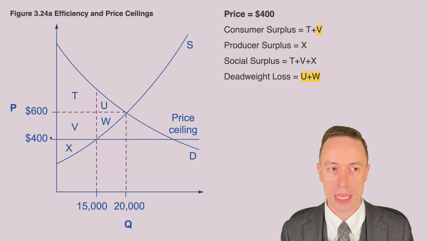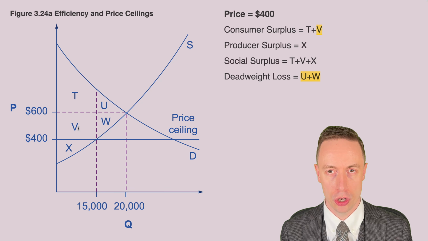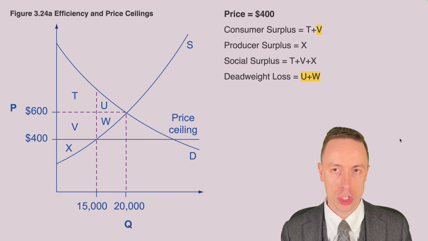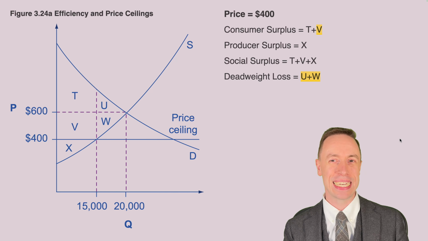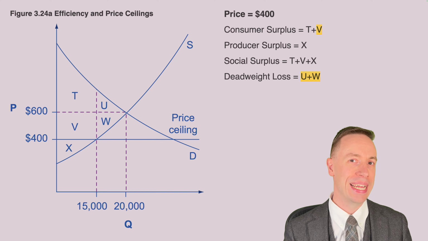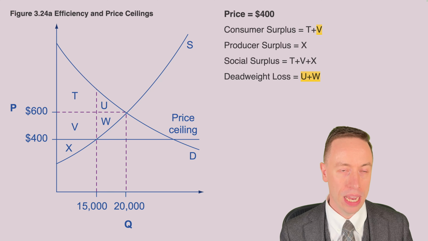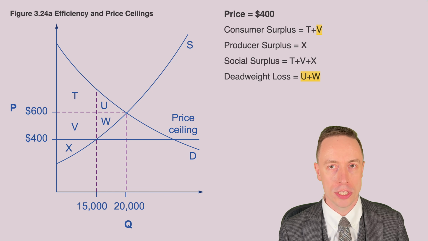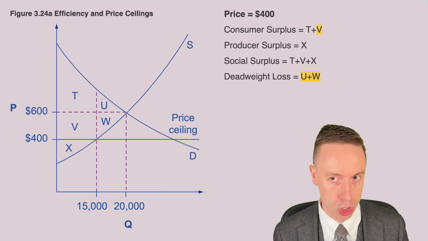With the price ceiling at $400, V is part of consumer surplus. So V is a loss to producers and a gain to consumers. That's why we don't call it a deadweight loss. A deadweight loss, like U and W, is a loss that's gone for everybody. It's gone from social surplus.